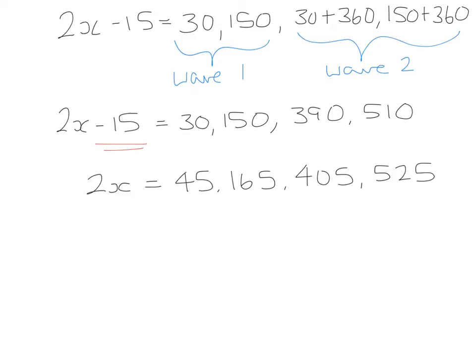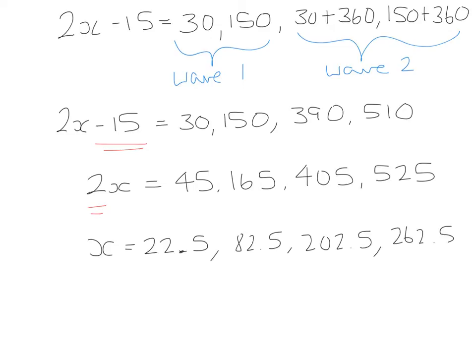And now the final step is to resolve the 2x, so we're going to divide by 2. We get x equal to 22.5, a decimal, 82.5, 202.5 and 262.5. And that is our final 4 solutions for the function 4 sine(2x minus 15) equal to 2.